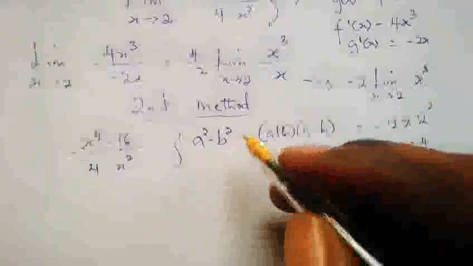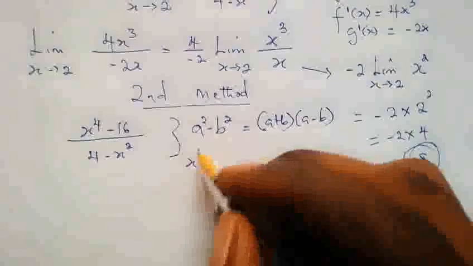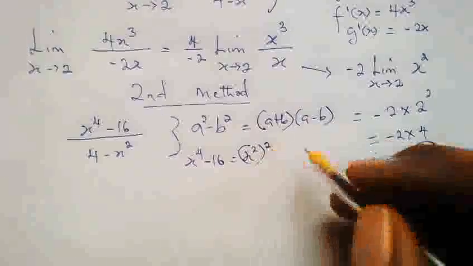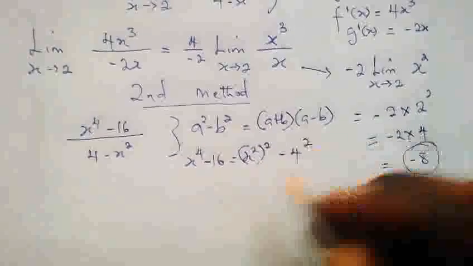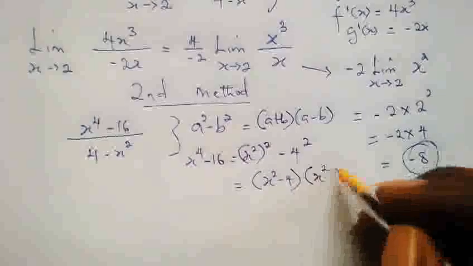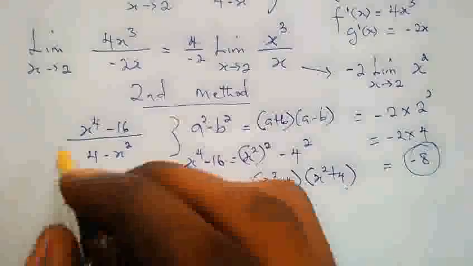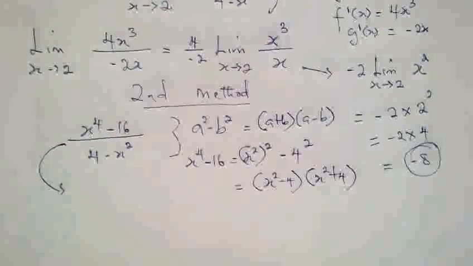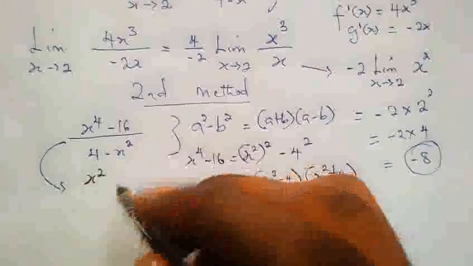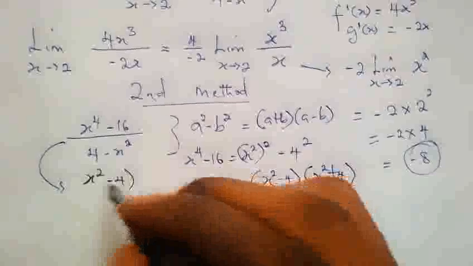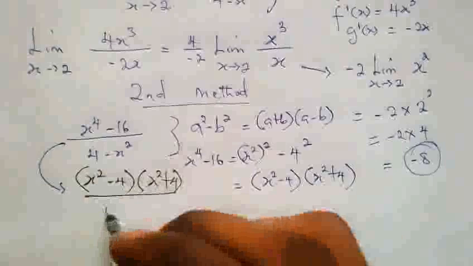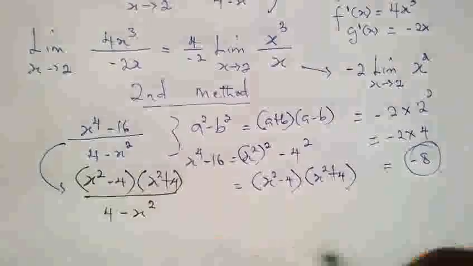So x raised to power 4 minus 16 is the same as x raised to power 2, all raised to power 2, minus 4 raised to power 2, and this is equal to x squared minus 4 times x squared plus 4. So this is the same as x raised to power 2 minus 4 times x raised to power 2 plus 4 all over 4 minus x raised to power 2.